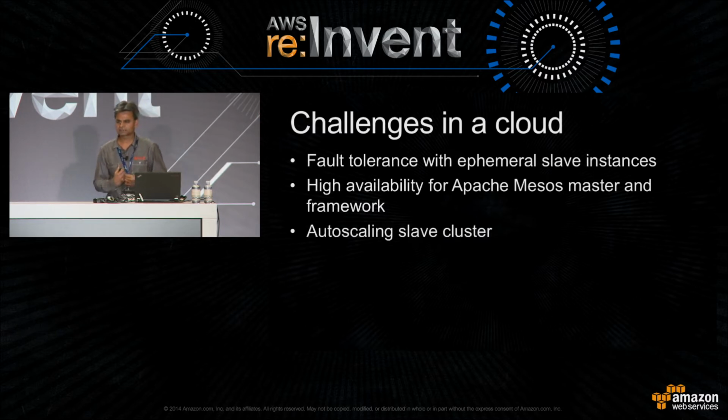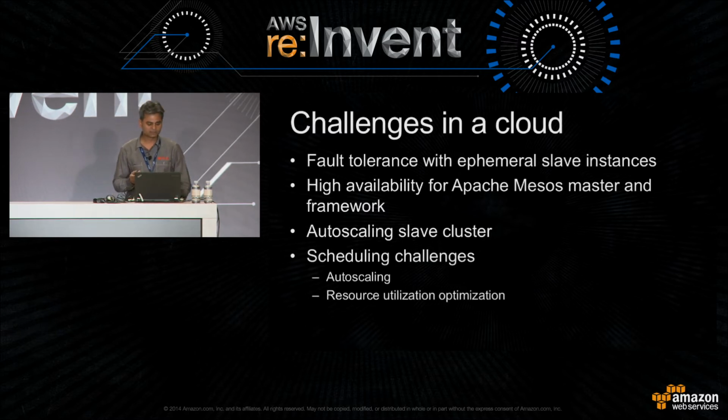Autoscaling the slave cluster is definitely specific to a cloud. If you're running in an elastic cloud, you don't want to allocate, say, 1,000 instances to your cluster and say that's it, that's for peak utilization. You want to be auto-scaling the cluster. And auto-scaling is not a feature of the current frameworks available out there, so that's one good reason for us to develop this. And scheduling itself has other challenges that we're going to talk about.